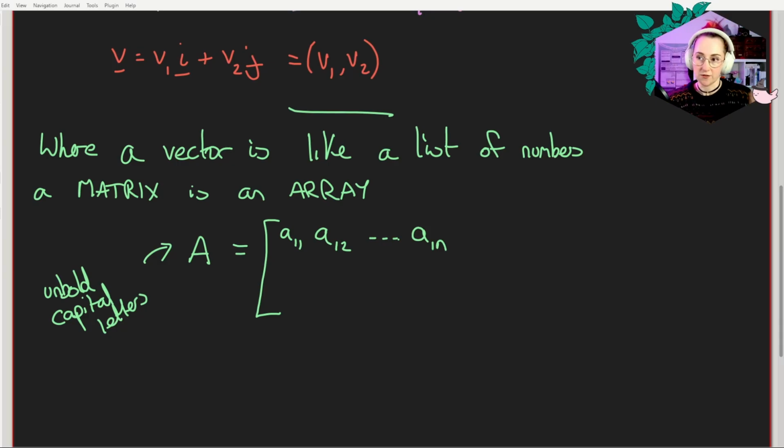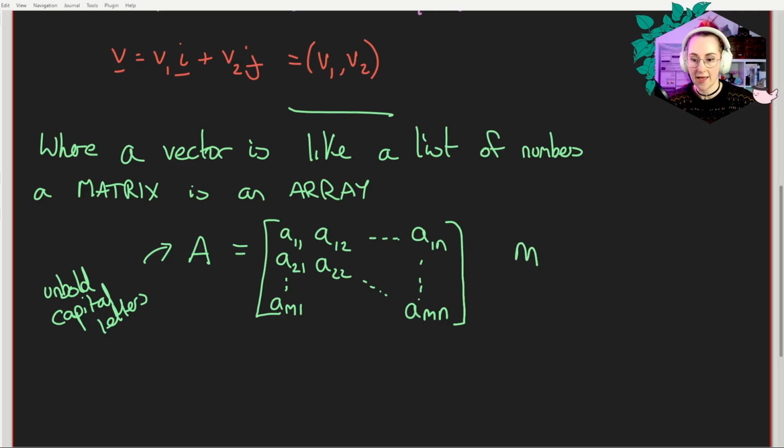But now we also have column entries as well. So this is the second row in the first column, all the way down to the mth row, first column, and then going across. So this will be a22, and so on, and then eventually you get to amn.